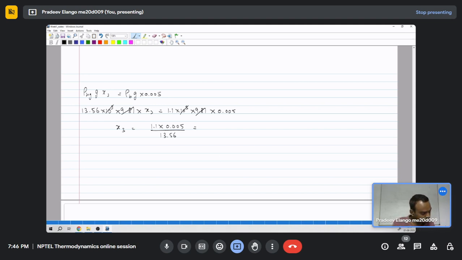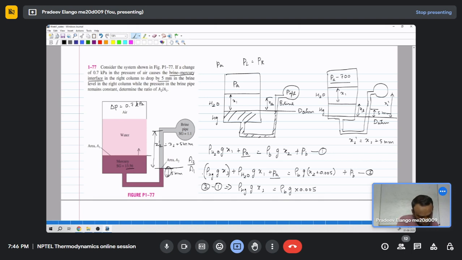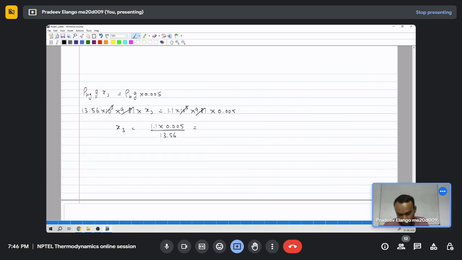Sorry, I think I missed the subnetted flow first as well. It was not only PA, but we had PA minus 700. Then we cannot cancel it out.